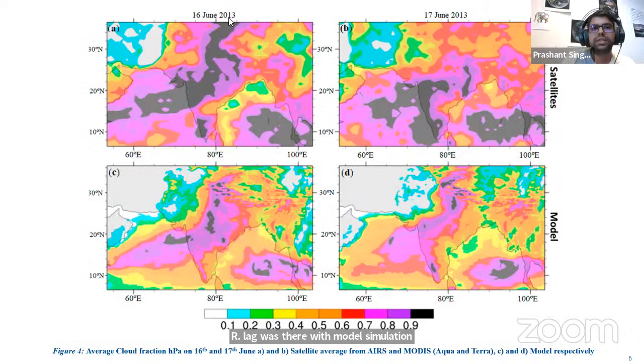And on 16th and 17th June, the cloud cover was also captured quite well in the model over those regions.